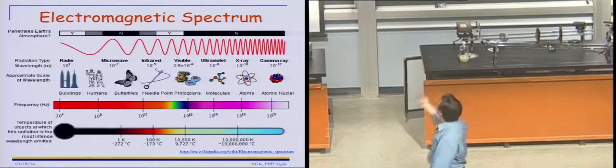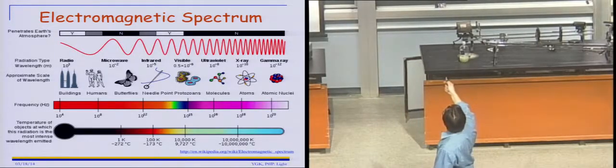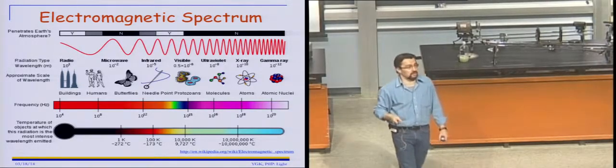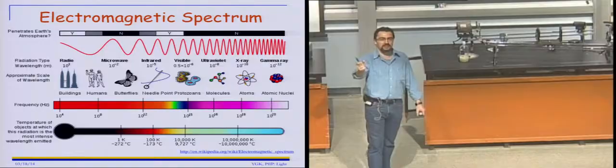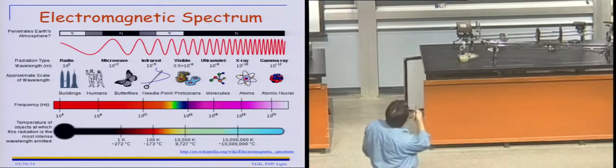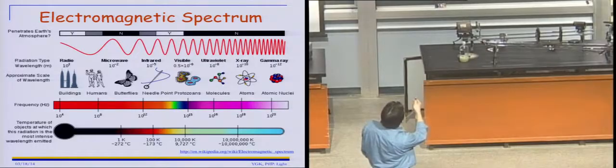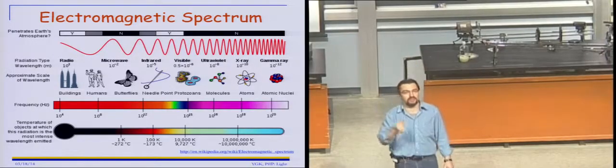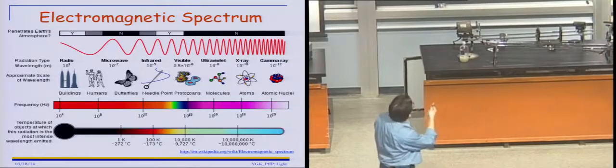So if you're trying to image things like cells, you would typically use wavelengths of the same size as the cell or smaller, so that would be visible light. If you're trying to image something of the size of molecules, you would typically need to go to shorter wavelengths and higher frequencies. And if you want to image atoms or nuclei, then you need to go to wavelengths that correspond to X-rays and gamma rays.